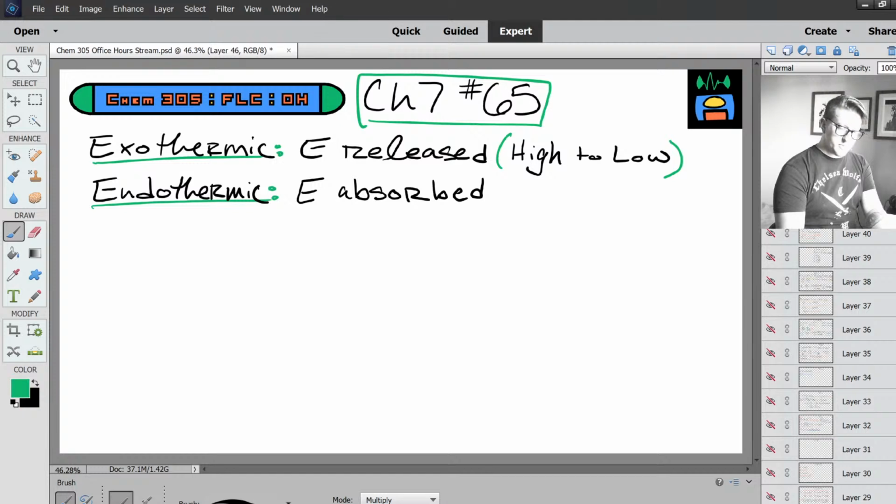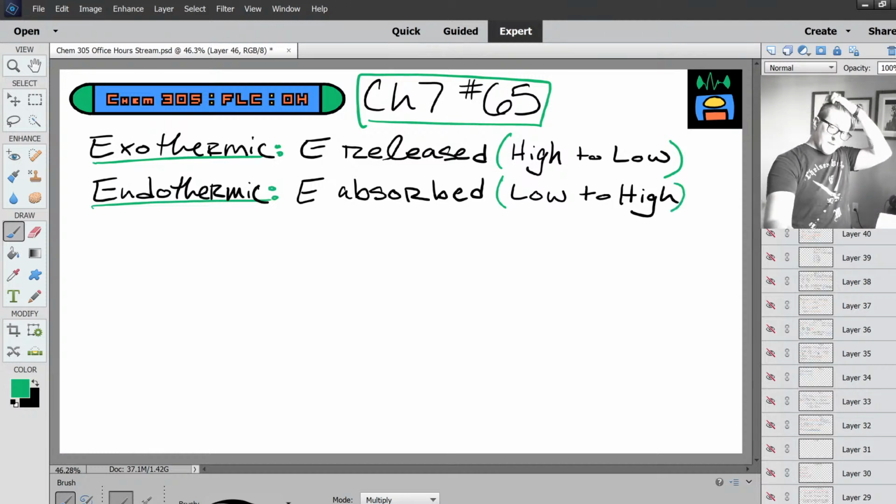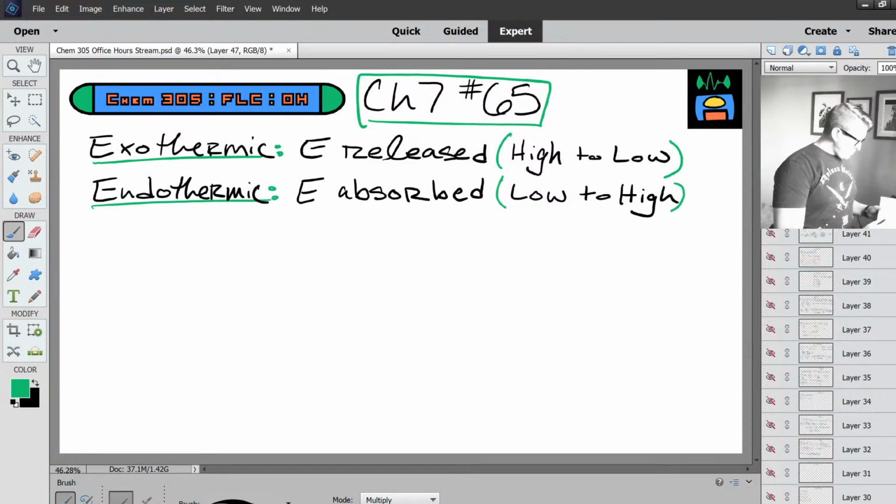And this happens when you move from low energy to high. All right. So with this in mind, let's look at the pairs.